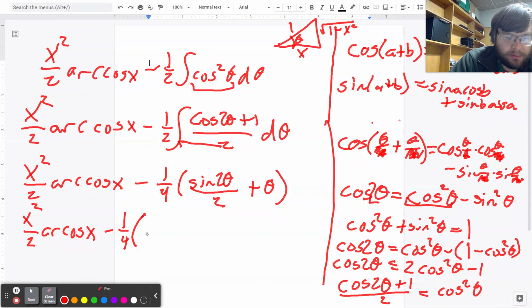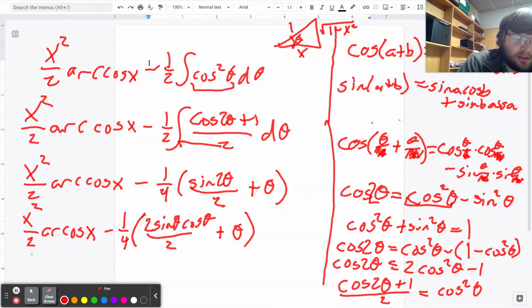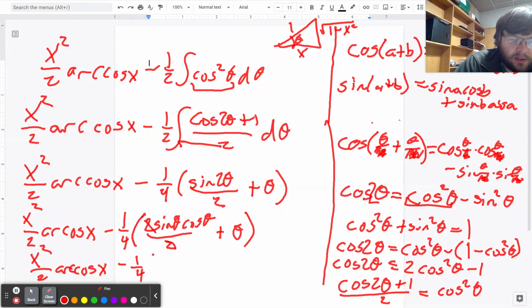All right, we're almost there, folks. So we have 2 sine theta cosine theta over 2 plus theta. And now we can actually write our final answer. Arc cosine of x, the 2 over 2 cancels, minus a fourth.